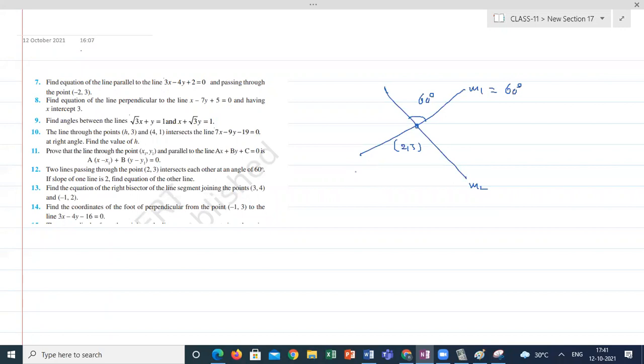First, what do you have to do, students? Find the slope of the other line, correct? Sir, I'm getting two equations. Yes, possible. You will get two equations.